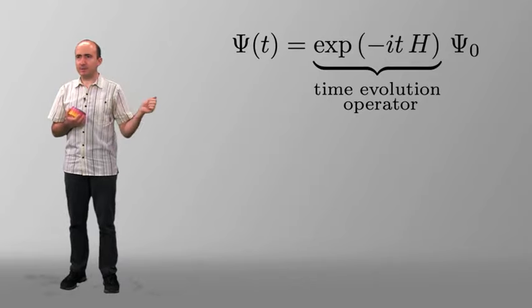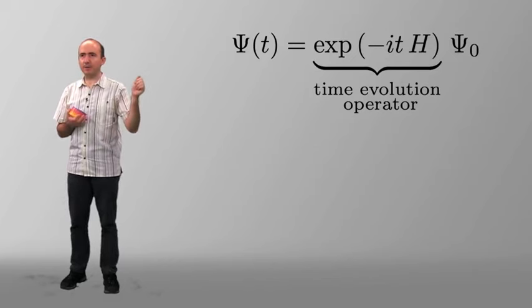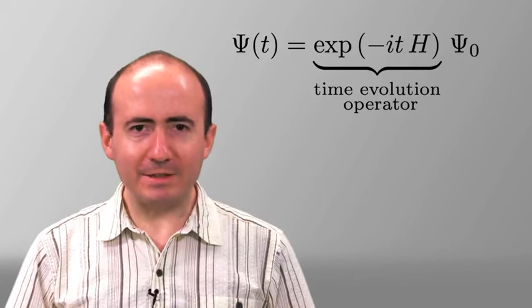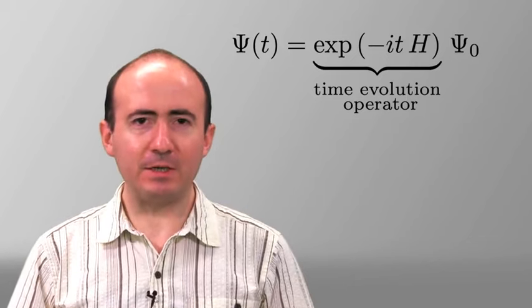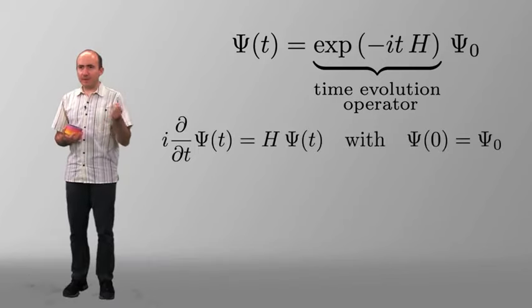It is psi of t is equal to e to the power minus i H t times the initial vector psi of 0. You may indeed check by differentiating with respect to t that this expression is the solution of the Schrödinger equation with initial condition psi of t equals 0 is equal to psi 0.